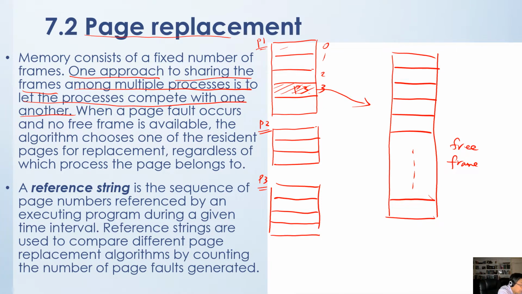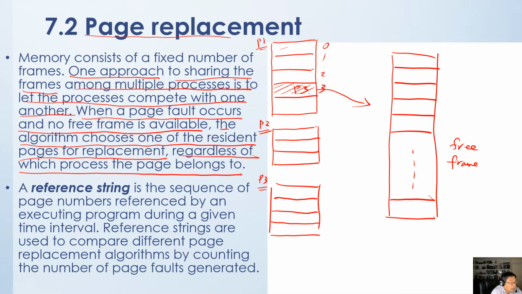So that's one of the approaches. When a page fault occurs and there are no free frames available, the algorithm chooses one of the resident pages for replacement, regardless of which process the page belongs to. That's one of the approaches we're going to use.